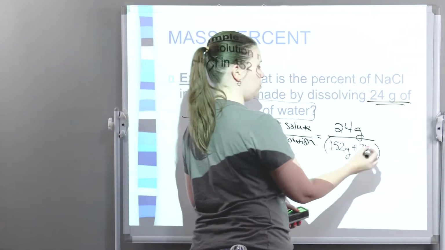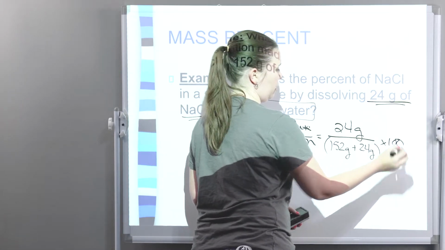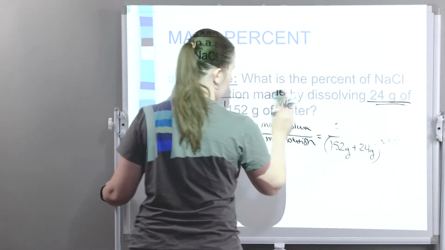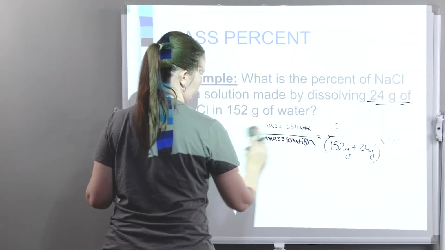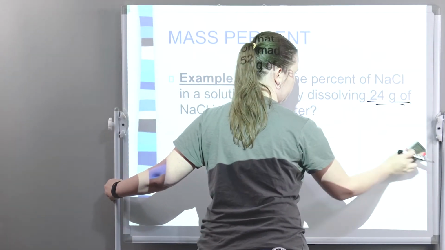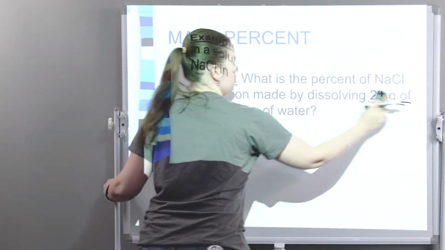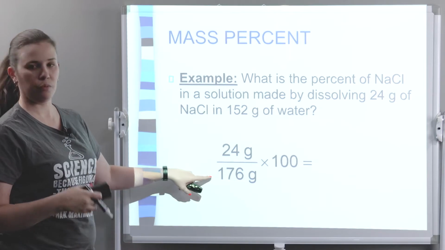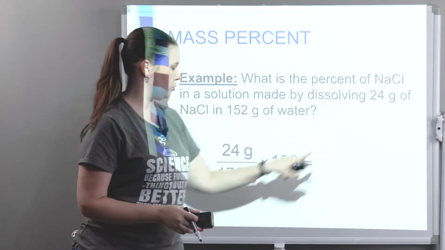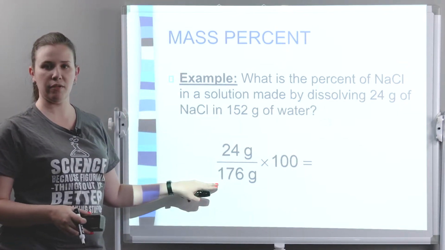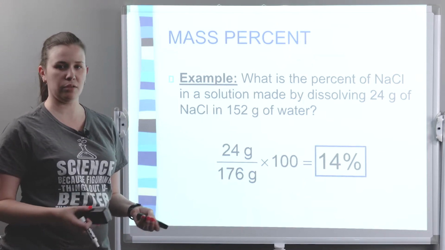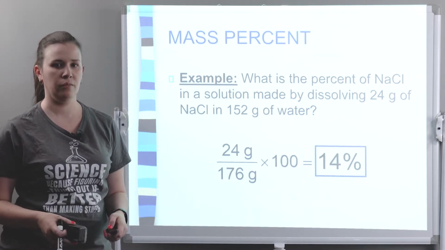So if I find 24 grams relative to that as a percentage, I will have my mass percent of solute. So let's get that in the calculator. When you add the 152 and the 24, you get 176 total grams of the solution, which is about 14% sodium chloride in the solution.